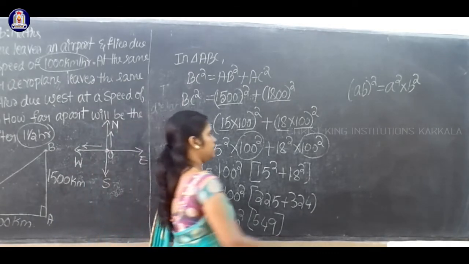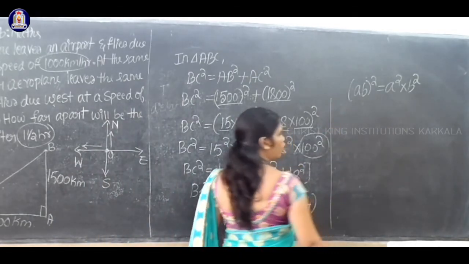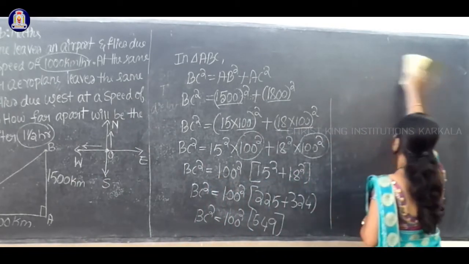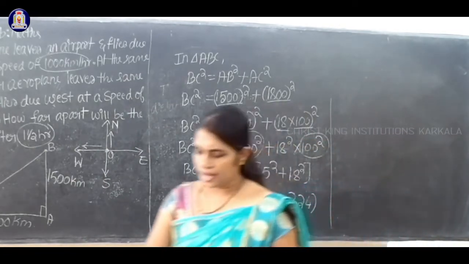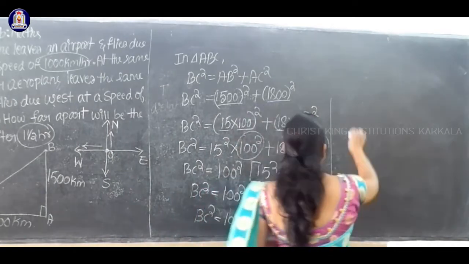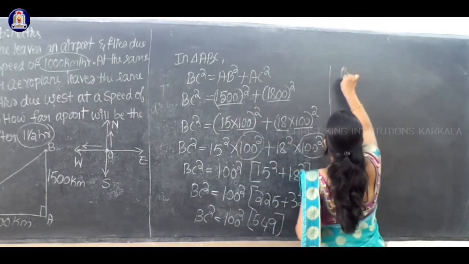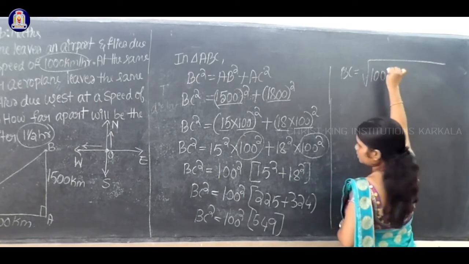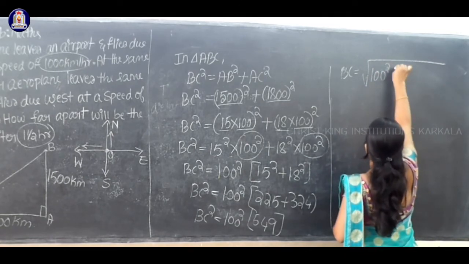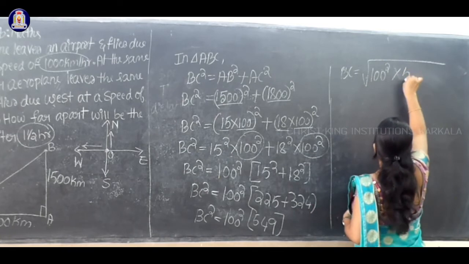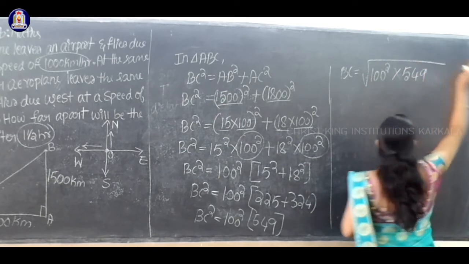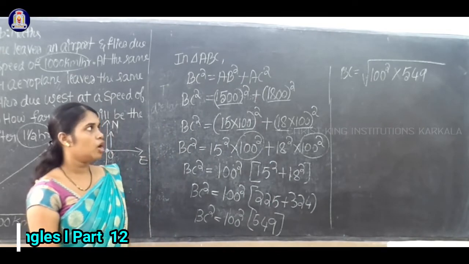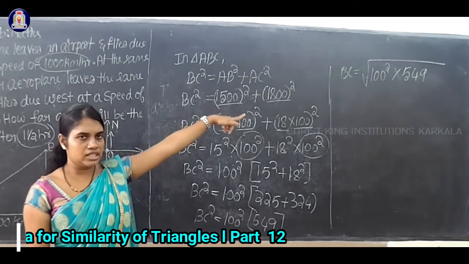Okay. But we want the value of BC, isn't it? So how to calculate the BC length? BC is given by square root of 100 square into 549, isn't it? Okay. So again, can I split this?